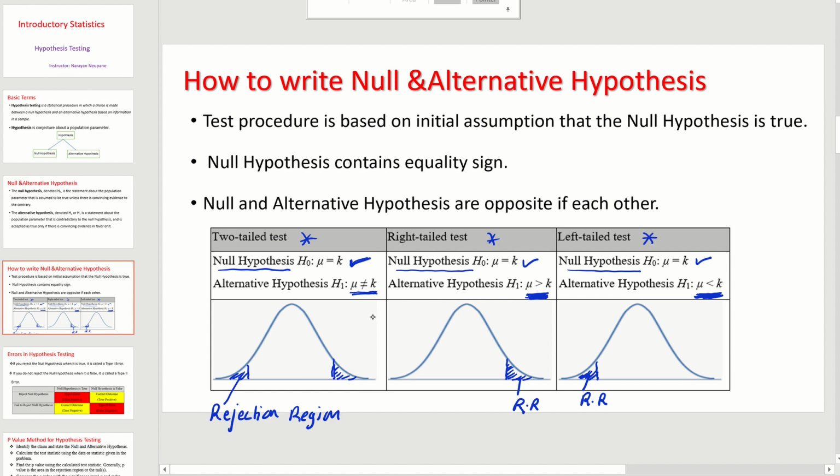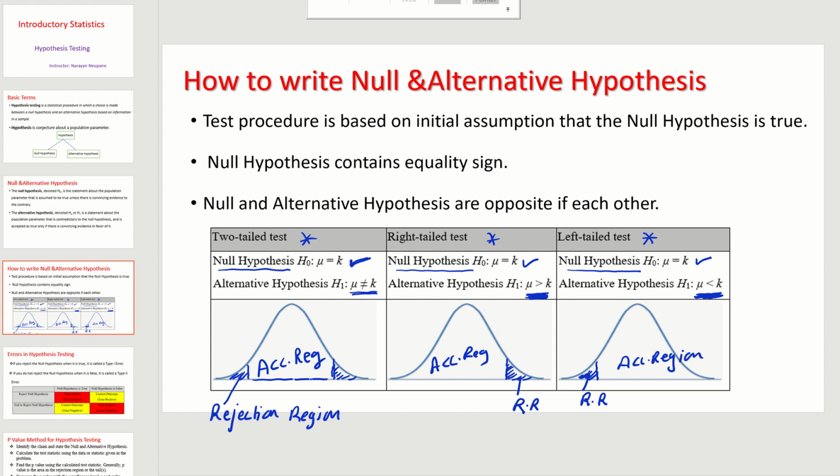Okay, so the region in the middle, this region here, is the acceptance region.